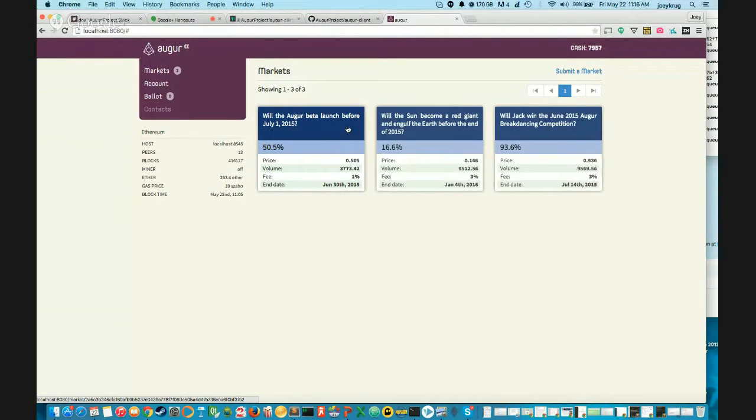Due to that, if you start a market off with 50-50 on both sides, and your alpha is whatever we have in the UI, it's going to be 50.5. If you make a lower alpha, it'll approach 50%.